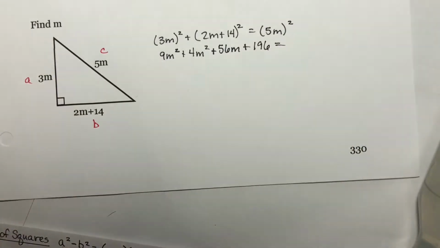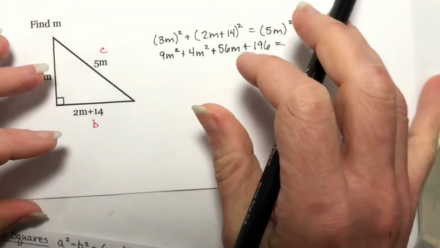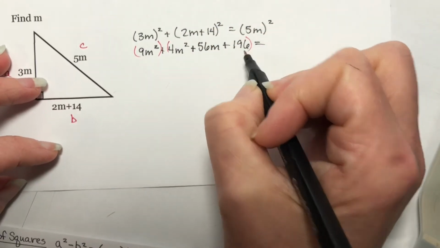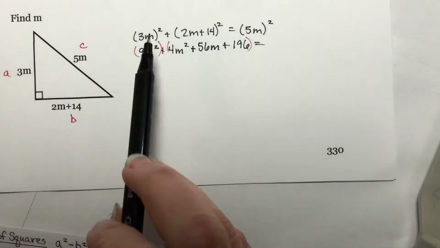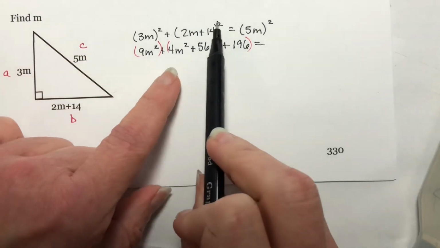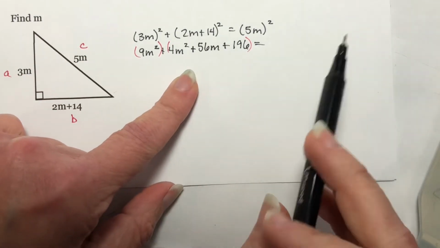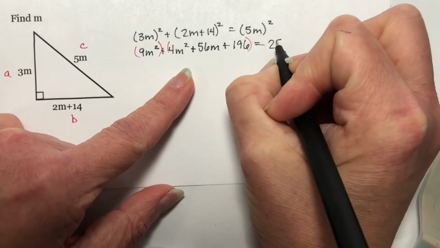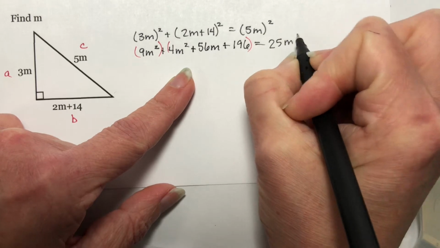All right, and this is equal to, I'm going to put some parentheses in here just to make it a little bit clearer where things came from. Mathematically, they don't make any difference whatsoever. So this one comes from here. All of this comes from here. Now, square the 5 to get 25m squared.